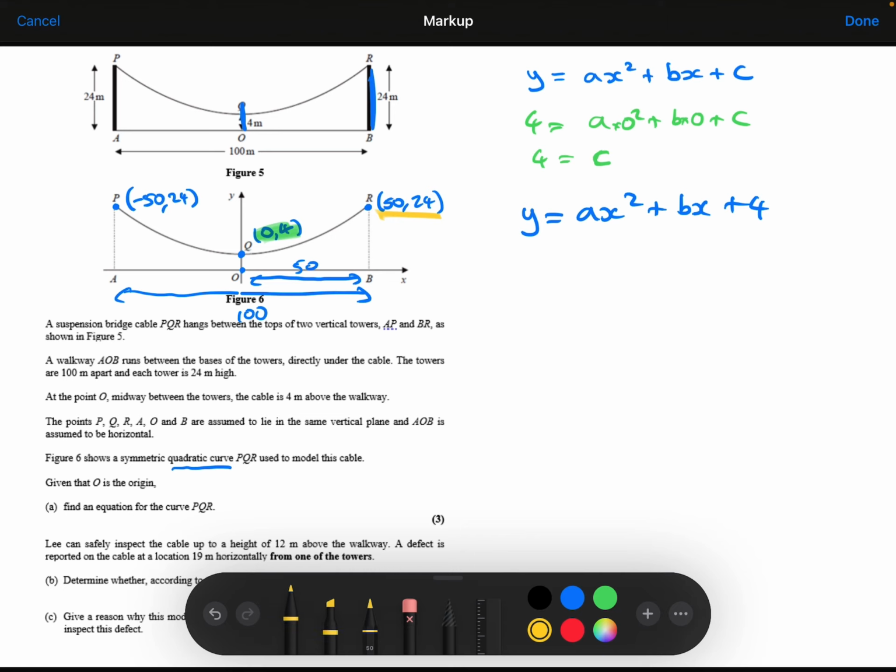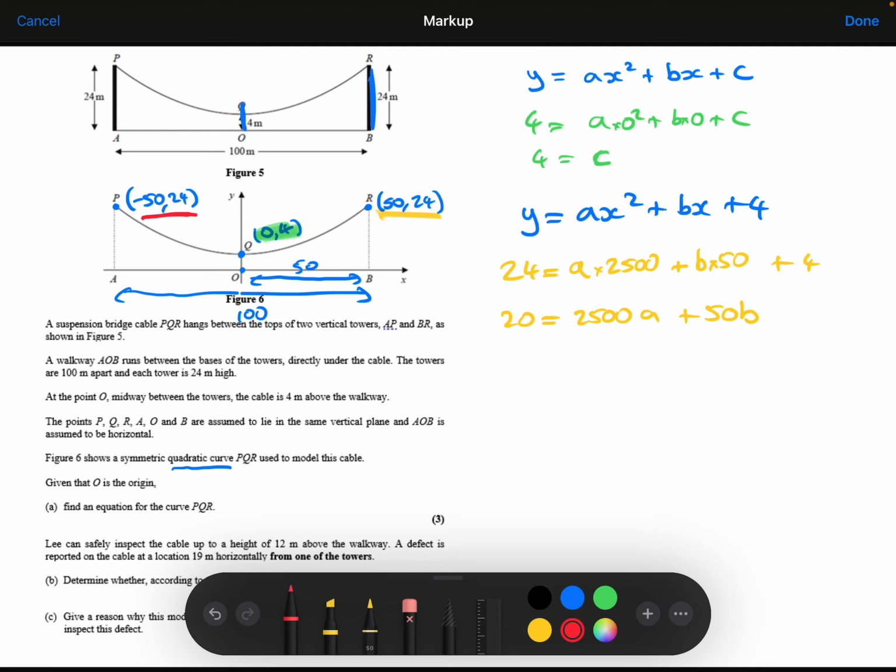So the y coordinate is 24 when the x coordinate is 50. 50 squared is 2,500. Then we've got b times 50 plus the 4. And subtracting a 4 from both sides. Right, I can't work out what a and b are just yet, but I do have another coordinate over here to play with.